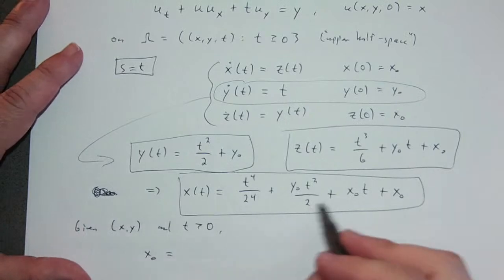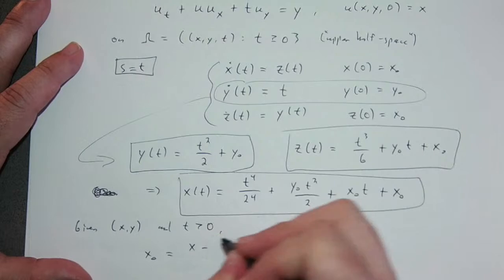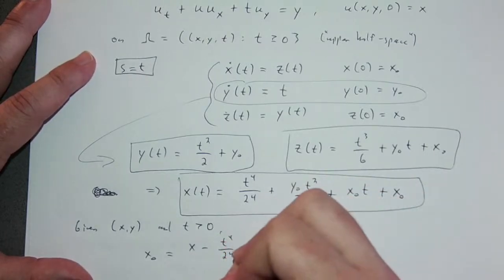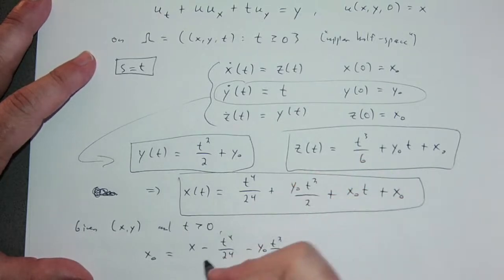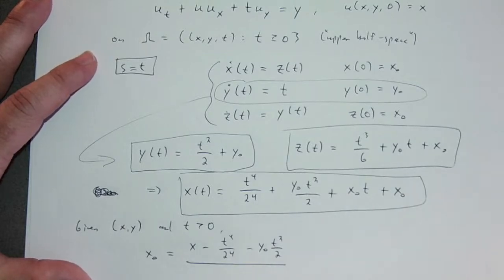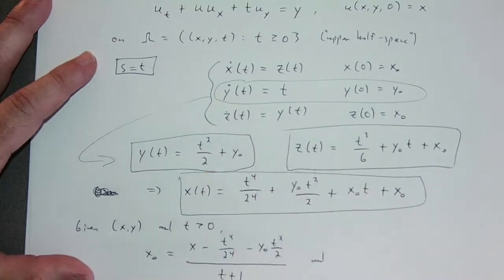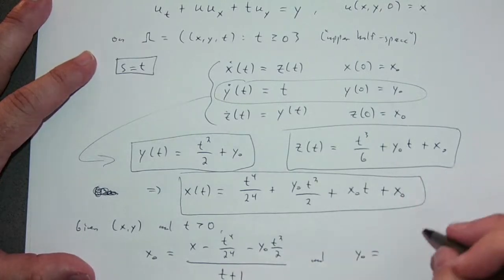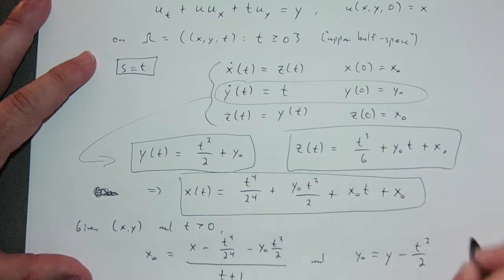So x naught, solving for x naught here, I get x minus t to the fourth over 24 minus y naught t squared over 2, all over t plus 1, and using the y expression, of course, y naught is equal to y minus t squared over 2.